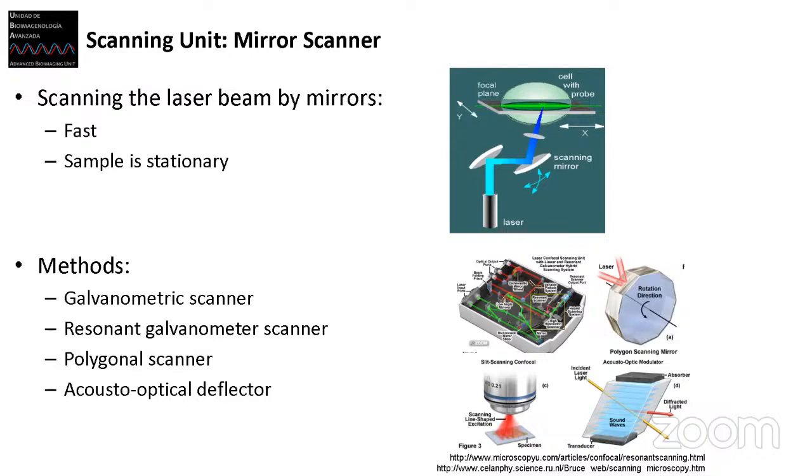There are other methods, like the resonance scanner that goes at a high frequency, or the galvanometric scanner, which is the one that I mentioned before. And then you have scanners that can be used with some optical element like a prism, the polygonal scanner, or the acousto-optic deflector, because if you have a crystal and you apply radio frequency to this, you generate gratings here.